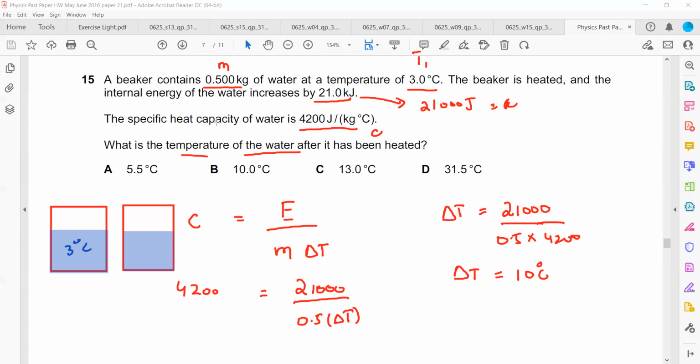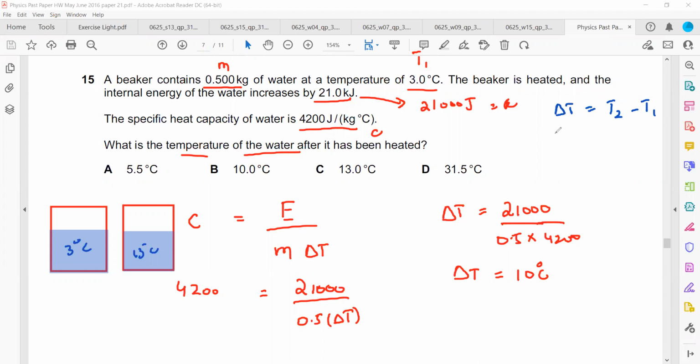And you can use a formula as well. Remember, the temperature change is always the higher value minus the lower value. It's not always final minus initial, but whenever you are supplying heat energy, the final temperature is higher. So in this case, the temperature change will be T2 minus T1.